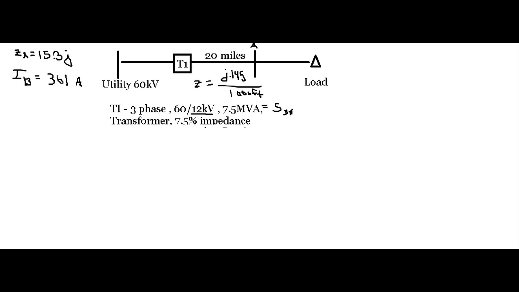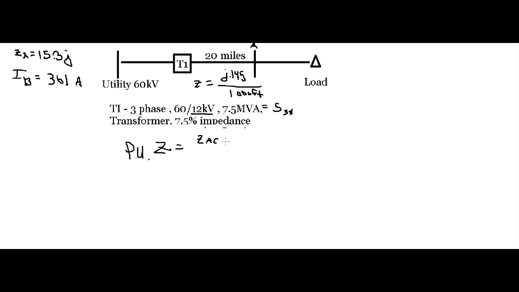Okay, after that step, I then need to convert the line impedance that we calculated earlier. I need to calculate that on a per unit basis, and in order to do that, I used the equation from the Granger Power System Analysis book, page 29.